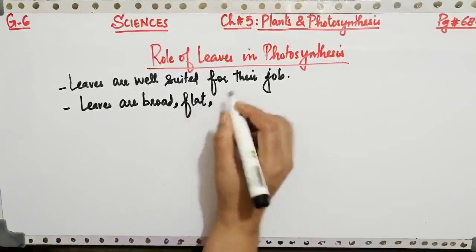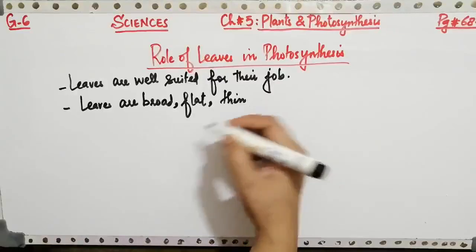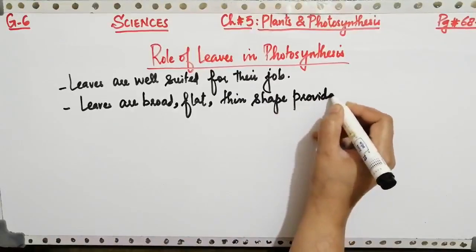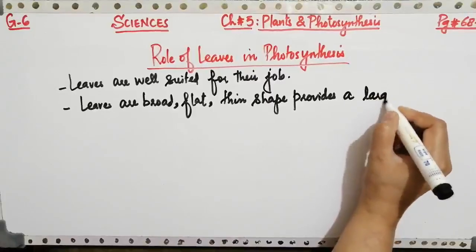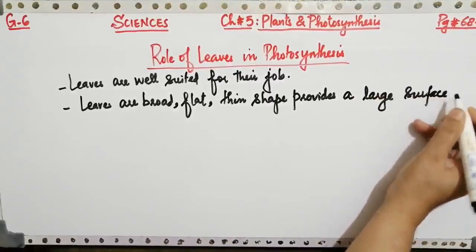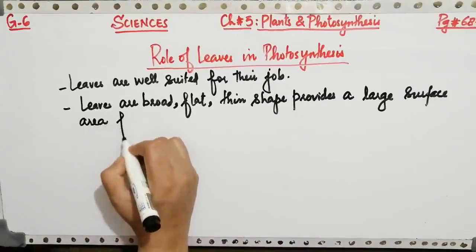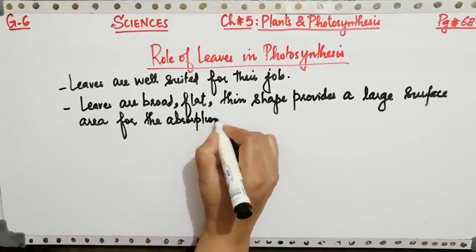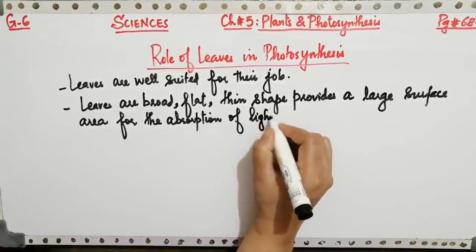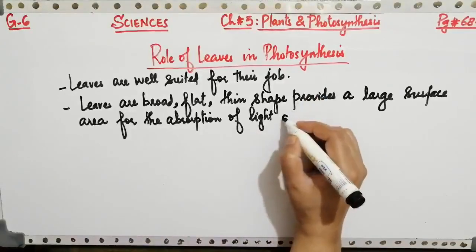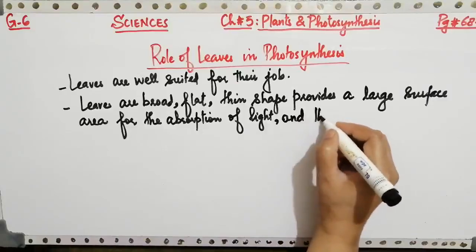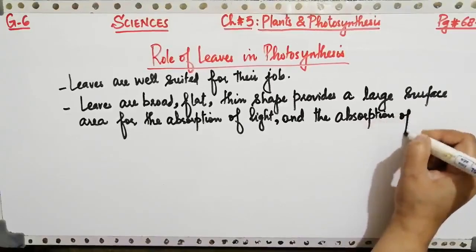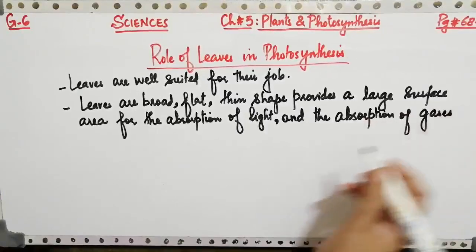Some leaves are flat as well as thin, and these different shapes provide a large surface area, not only for the absorption of light, but also ideal for the absorption of gases, especially the gas which is absorbed and used in photosynthesis.